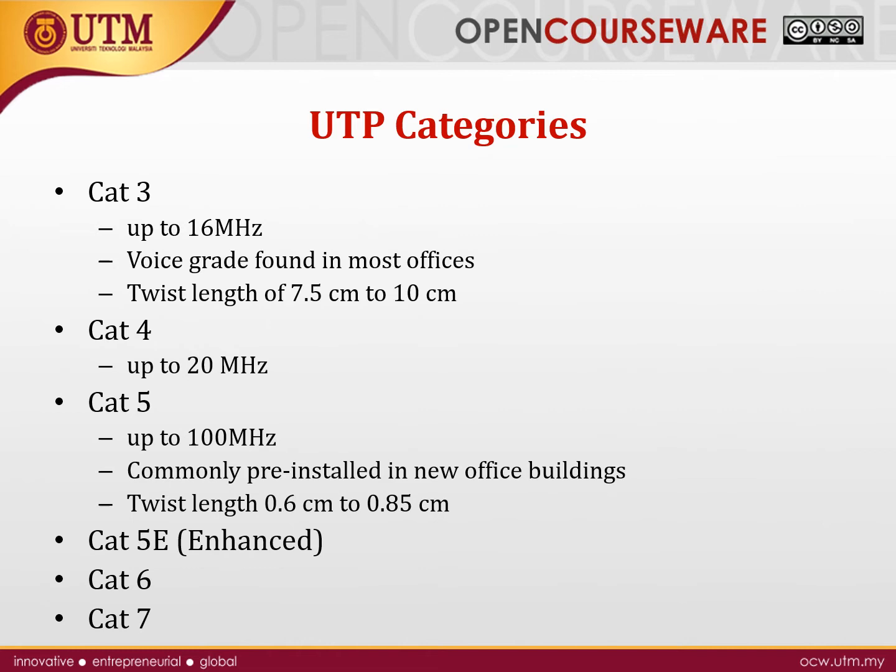Cat 4 is up to 20 megahertz. Cat 5 is up to 100 megahertz. And we have Cat 5e, enhanced, which is an updated type of Cat 5. And then we have Cat 6 and 7.